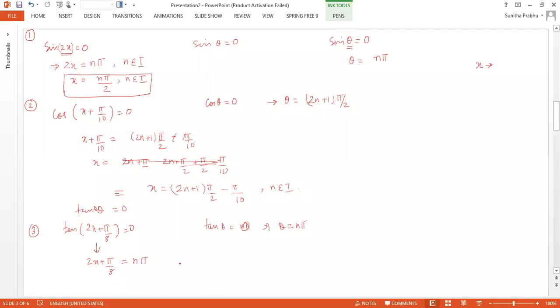Okay. Then what will you do? You say, therefore 2x is equal to n pi minus pi by 8, or x is going to be equal to 1 by 2 into n pi minus pi by 8, which is pi by 2 into n minus 1 by 8. Just trying to simplify it a bit.